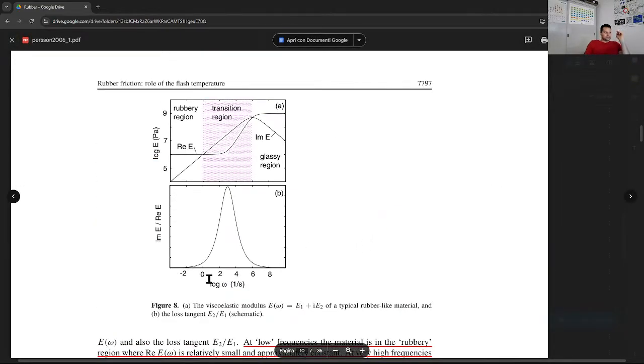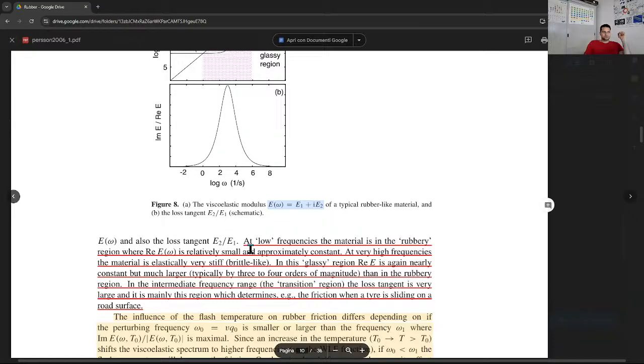Why? Because if we are here, we see a very large elastic modulus for the real part, and a high contribution from the imaginary part. So summing these two, we have a quite relevant elastic modulus.